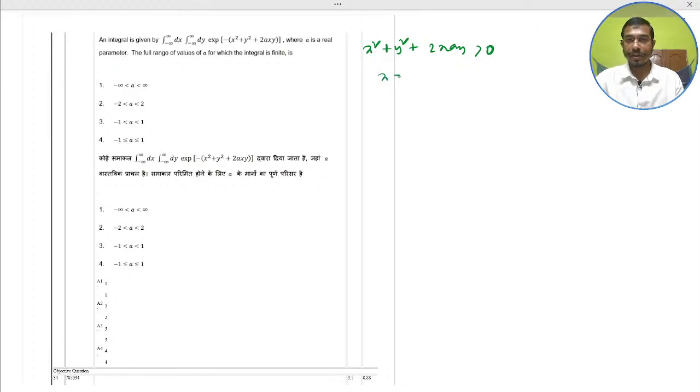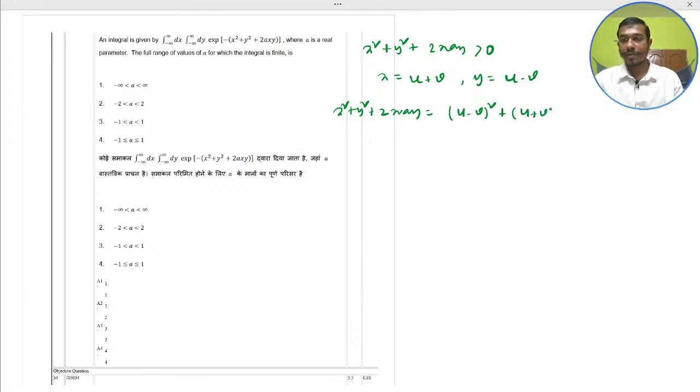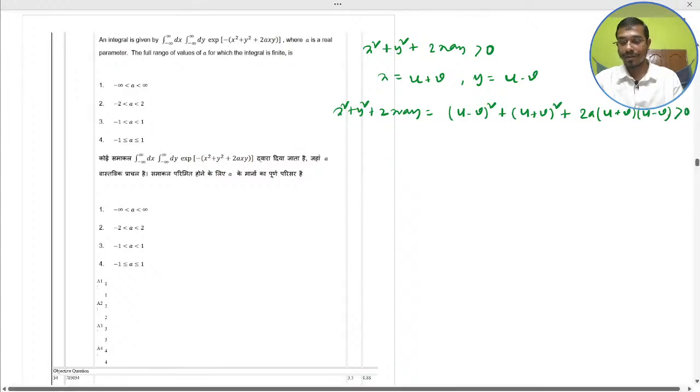Transform x equal to u plus v, Jacobian transformation, and y equal to u minus v. Put this value, x square plus y square plus 2 a x y is equal to (u minus v) square plus (u plus v) square plus twice a (u plus v)(u minus v) greater than 0.